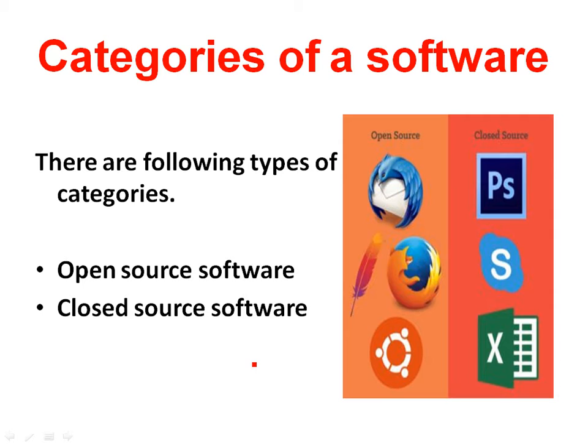Now just move to another section, that is the categorization of the software. The categories are divided into open source and closed source software. So let's see more detail.